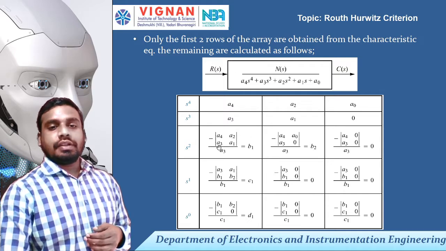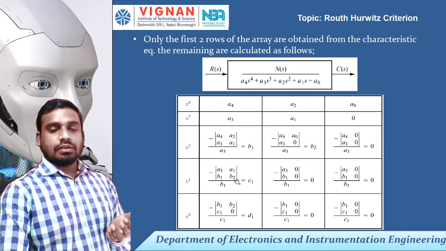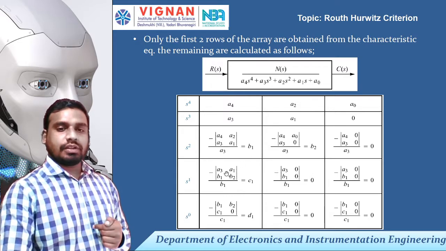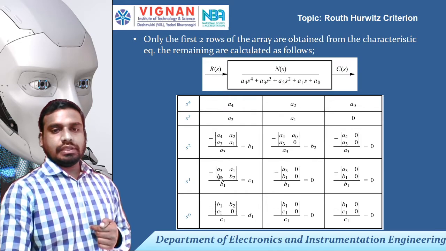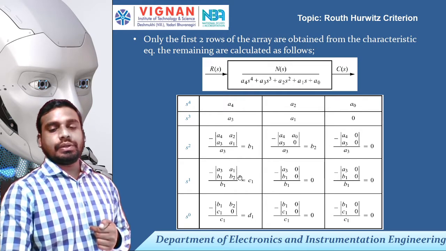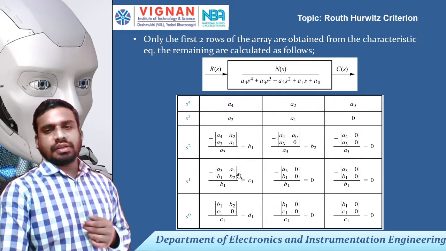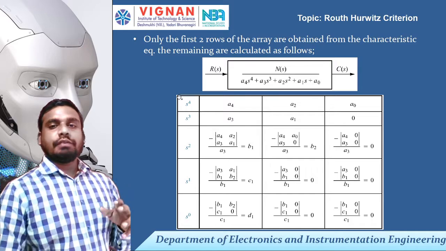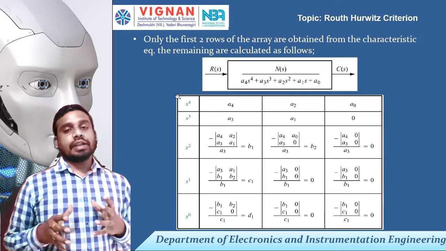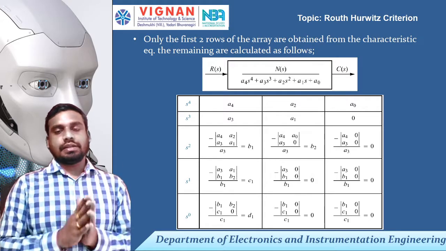When you have computed the third row, the fourth row depends on the third row again. Whatever B is coming here, B1 is coming here, with A1, A3, B2. It is kind of a determinant you have to take. So this is how we first build the Routh array. The Routh array, the Routh table, is built.